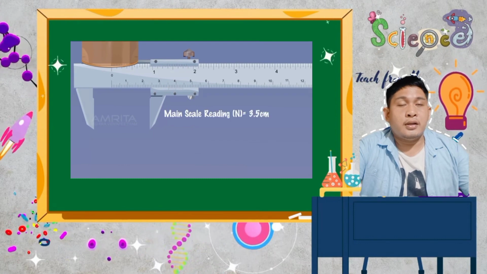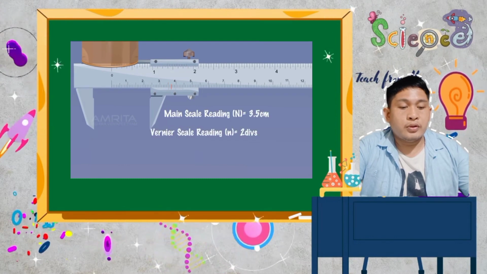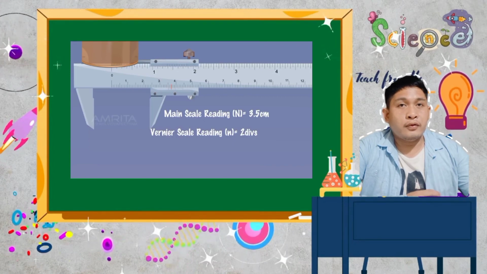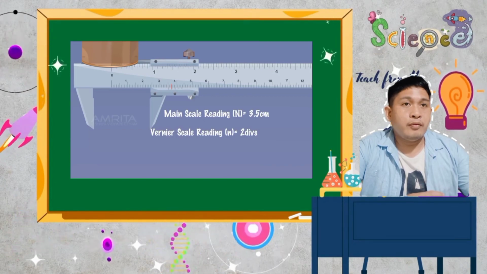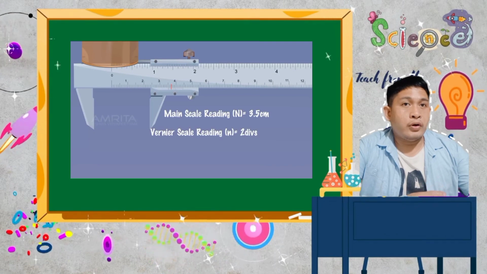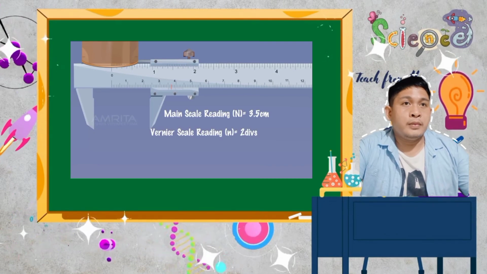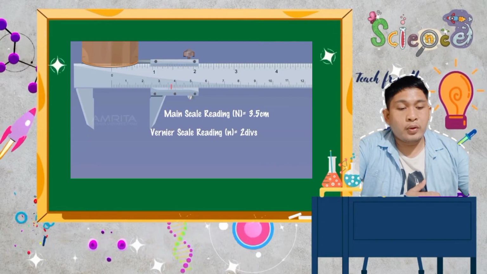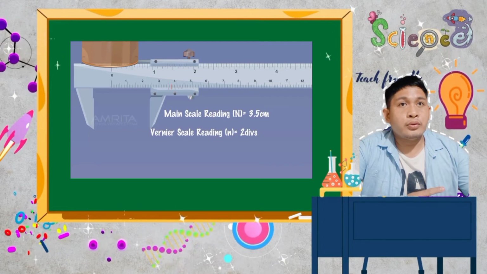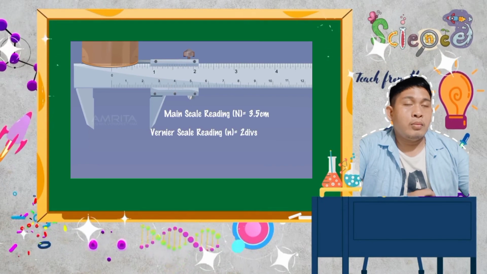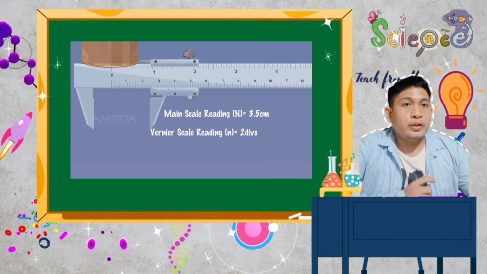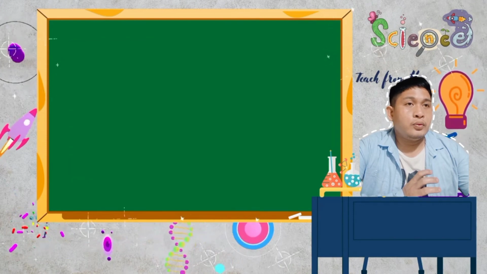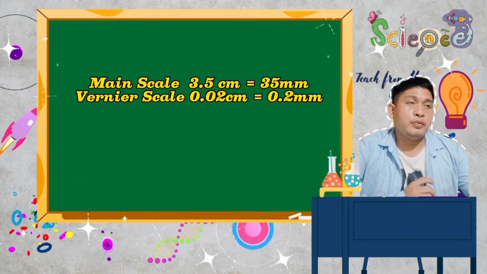We have a measurement of 3.5 cm on the main scale, or 35 mm. On the Vernier caliper, we have 0.02 in centimeter, or 0.2 in millimeter. So you will add that in cm, and also in millimeter.